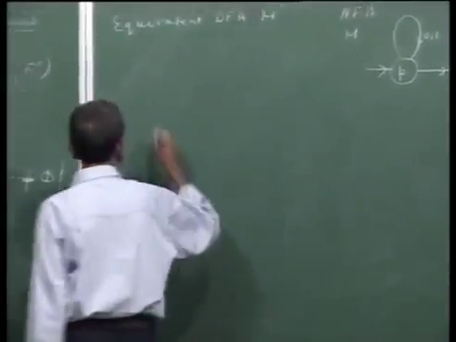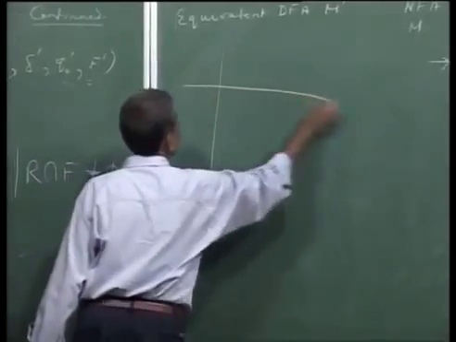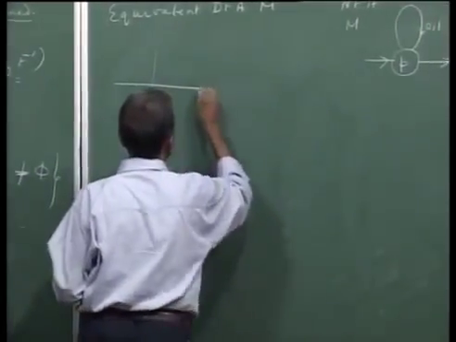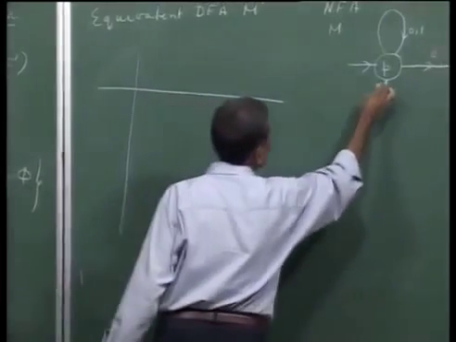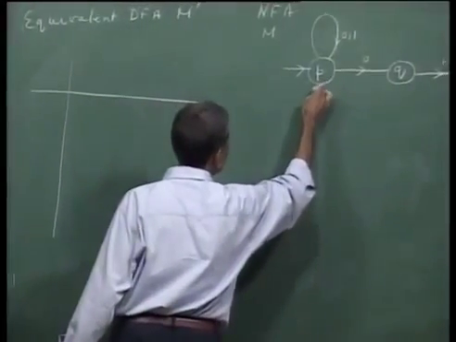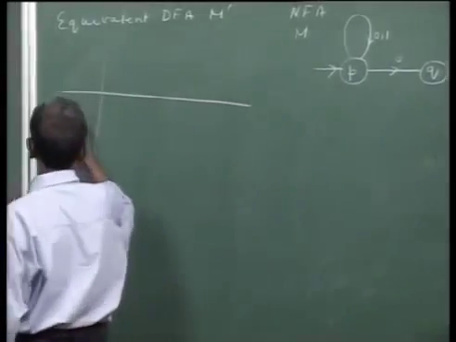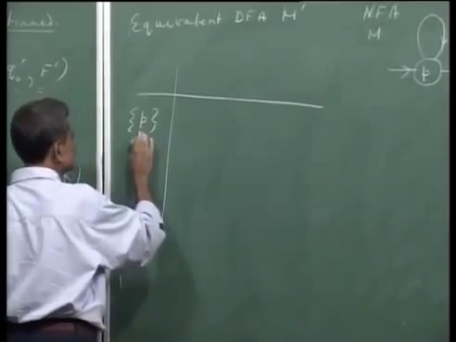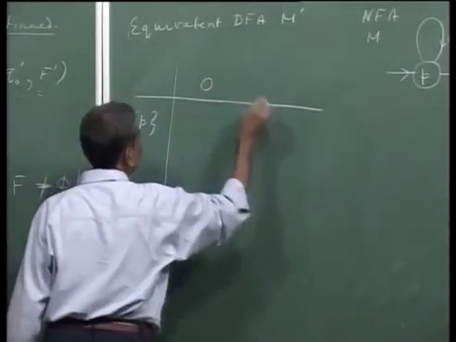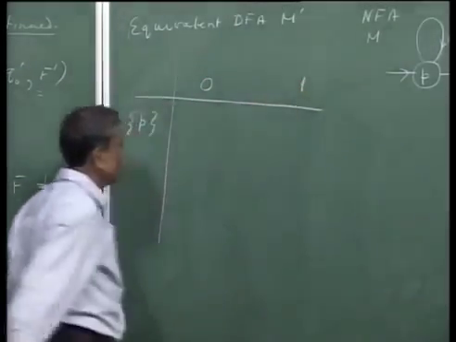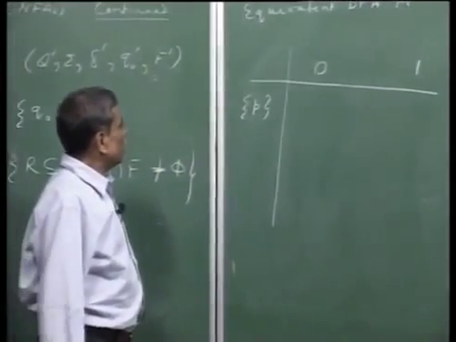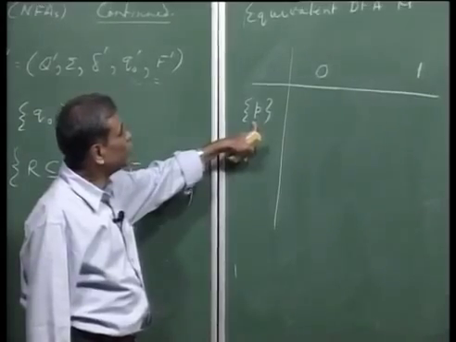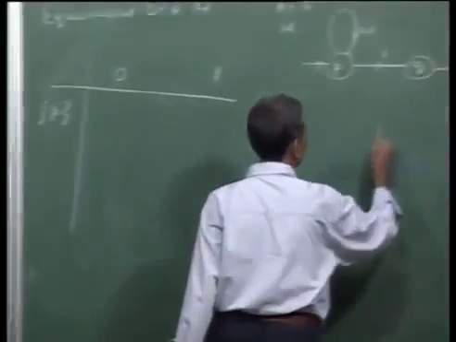So the initial state of the DFA is of course the set consisting of just the initial state of the NFA, which is P, and here is a state, and there the symbol can be either 0 or 1. So from P on 0, let's see this properly once.